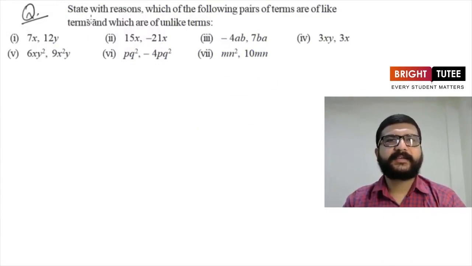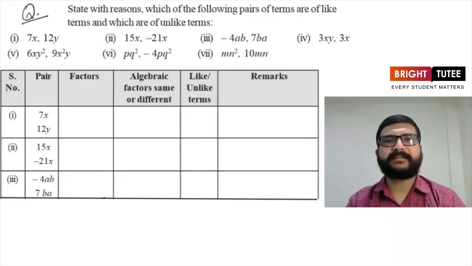The question here is, state with reasons which of the following pairs of terms are like terms and which are unlike terms. So here a few pairs of terms are given to us. We have to state whether they are like terms or unlike terms, and we have to give reasons also. So for this we can form a table like this.